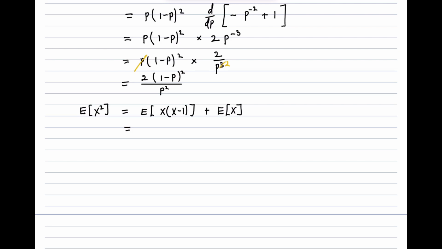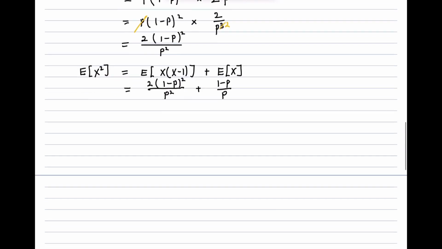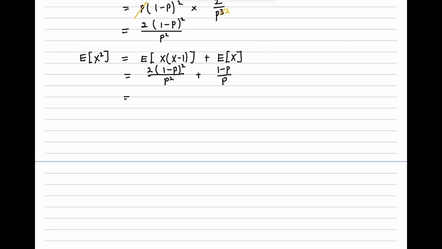This, of course, becomes the expression we just found, 2p squared all over p squared plus 1 minus p on p. We derived that before. Let's do some expansion here. So that becomes 1 minus p, becomes 1 minus 2p plus p squared all over p squared.